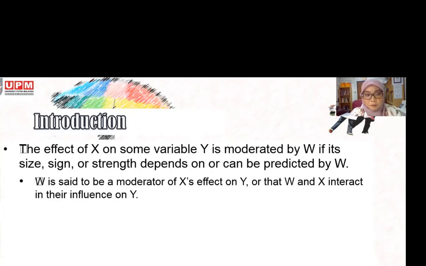And then moderator or W is said to be a moderator of X effect on Y, or that W and X interact in their influence on Y. So moderator somehow has quite some similarities with factorial ANOVA. It has an interaction effect, the interaction effect of the moderator and X.